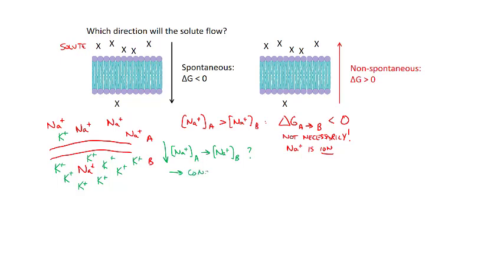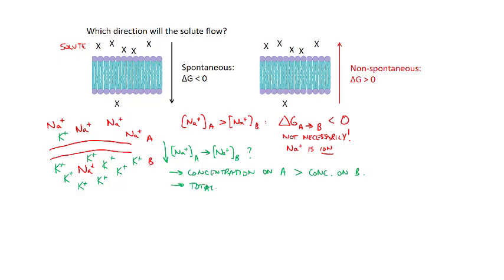Well, the concentration on side A is definitely greater than the concentration on side B. So that would tend to make transport in that direction favorable, okay?